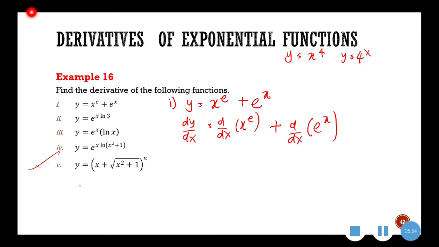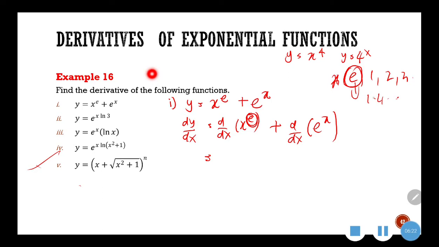Okay, you have to look carefully at the function. For the first term here, the power, is it a constant or a variable? Dia punya power ni, e. E ni apa? Is it a function? Can we say that e ni adalah only a constant. E ni sama je lah dengan nombor 1, 2, 3, 4, 5. Because if you press calculator, it will give you 1.4 something if I'm not mistaken.